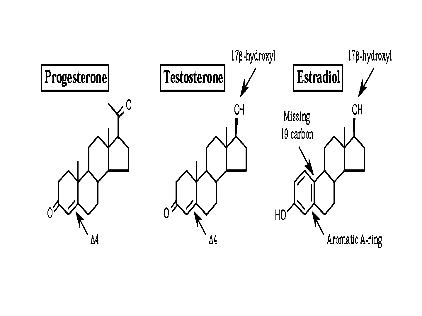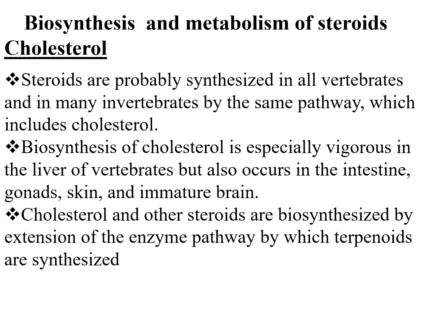This is the structure of progesterone, testosterone, and estradiol. In estradiol we have two OH functional groups: the 17 beta hydroxyl group, and the OH on an aromatic or benzene ring also. So estradiol, or diol, indicates the presence of two OH groups.